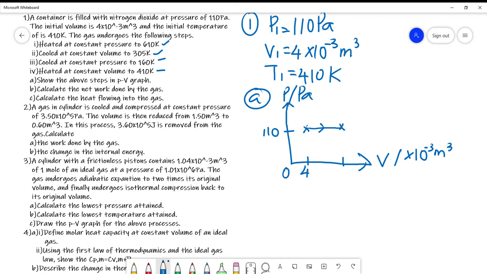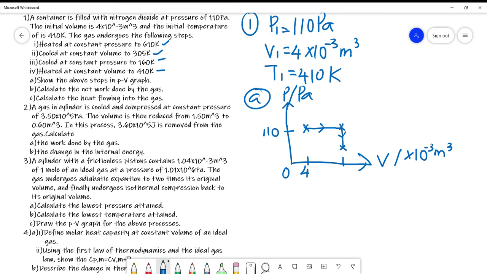Then cooled at a constant volume to 305 Kelvin. Let me observe for a moment. I believe this one should be pointing downwards. We will calculate the value later.